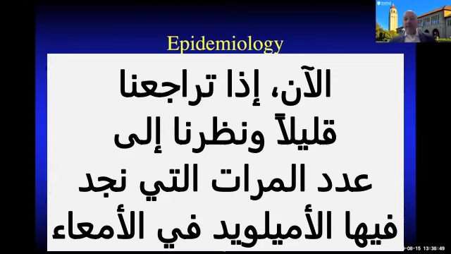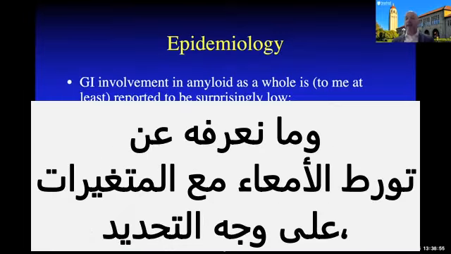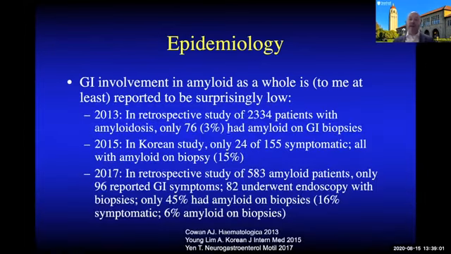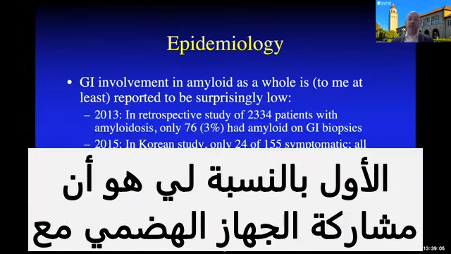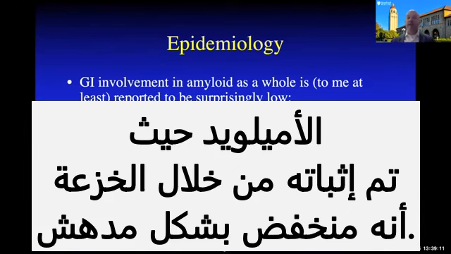Now, if we step back and look at how often we find amyloid with the gut and what we know about gut involvement with variants specifically, there's some interesting literature that does emerge. The first, to me, is that gastrointestinal involvement with amyloid, where it's biopsy proven, is surprisingly low.